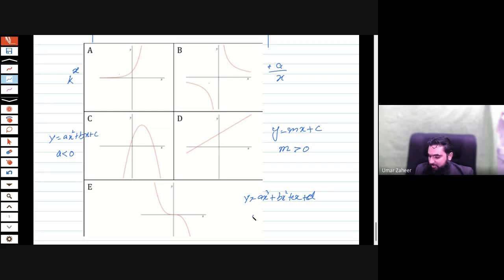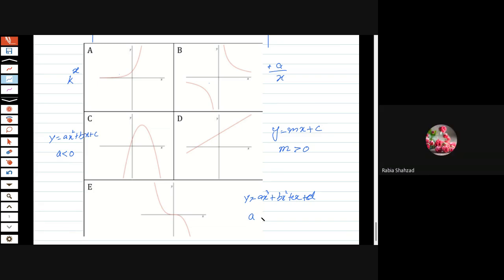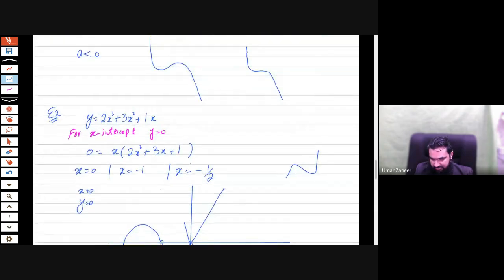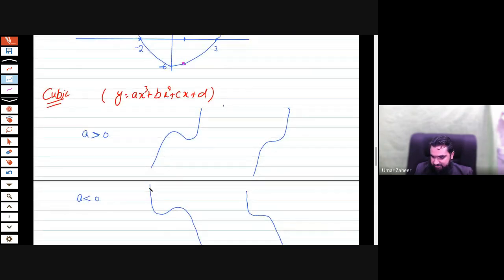So is a greater than 0 or less than 0? Less than 0, right? Obviously, it is moving from left to right side, so it is going to be less than 0.